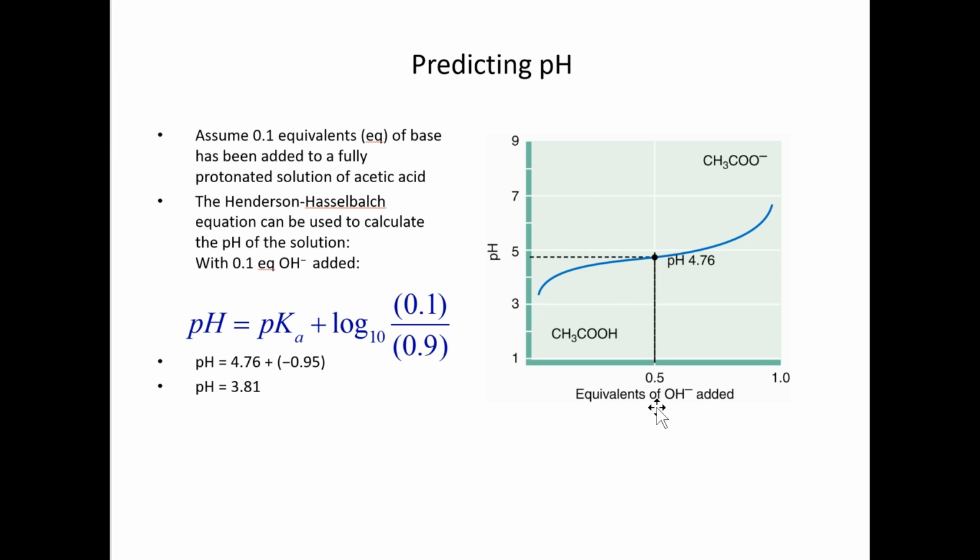So here we go, predicting pH. To predict pH, we can just use the Henderson-Hasselbalch equation. If we don't know the pH, we need to know the pKa of a pairing of its weak acid and its conjugate, and the relative molar ratios of the two.